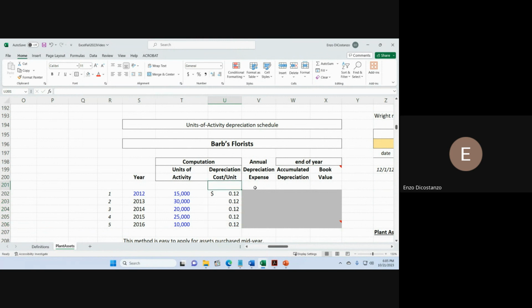And the expense is at 15,000 and the 12 cents, which is there.